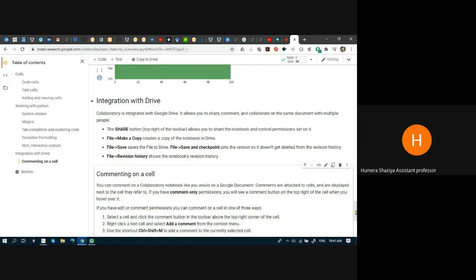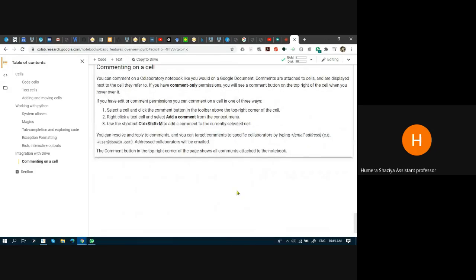Comments can also be added like you can add in Java language and C++. You can add comments, slashes, and slash star, like that.